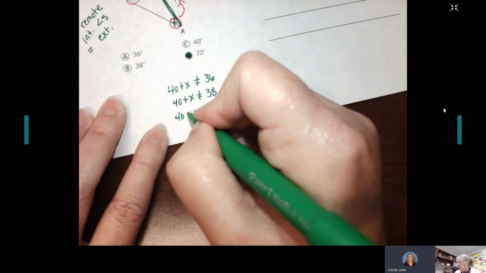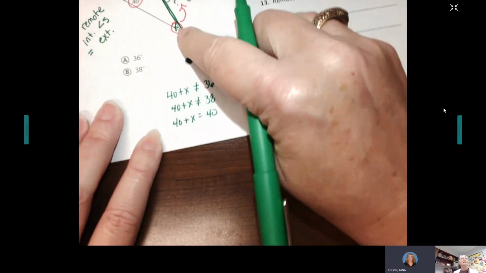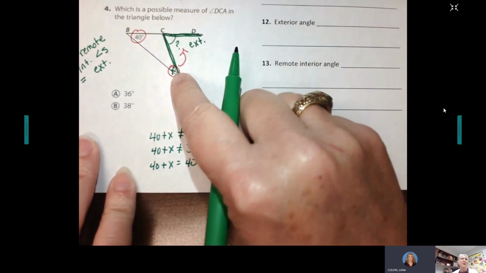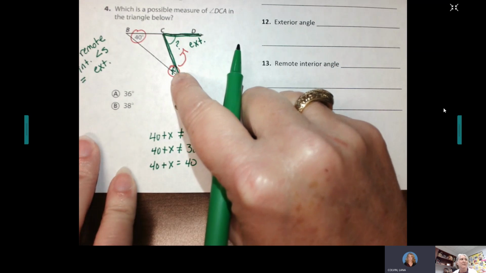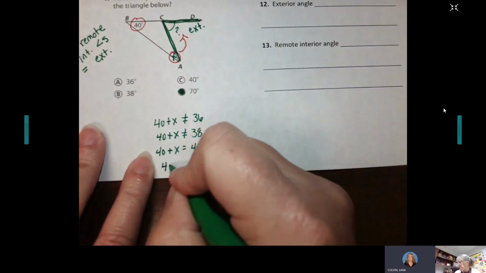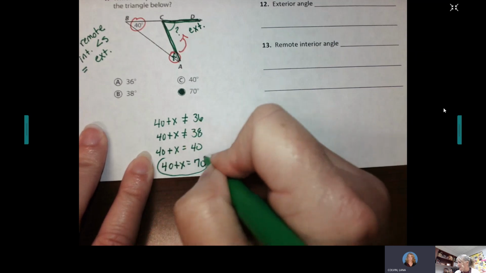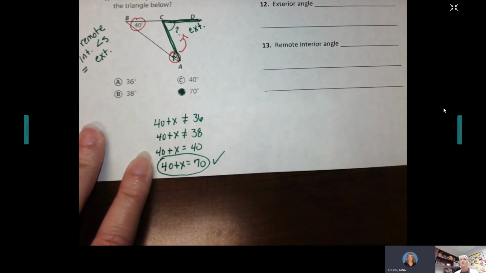It's not possible to get 40, because you could add 40 plus 0, but if you had 0 degrees, you wouldn't even have an angle, right? The only thing that's possible is to add 40 plus a number and get 70. This is the only one that's possible. Does this make sense to us? You cannot have negative numbers in angle measures. Are we good?